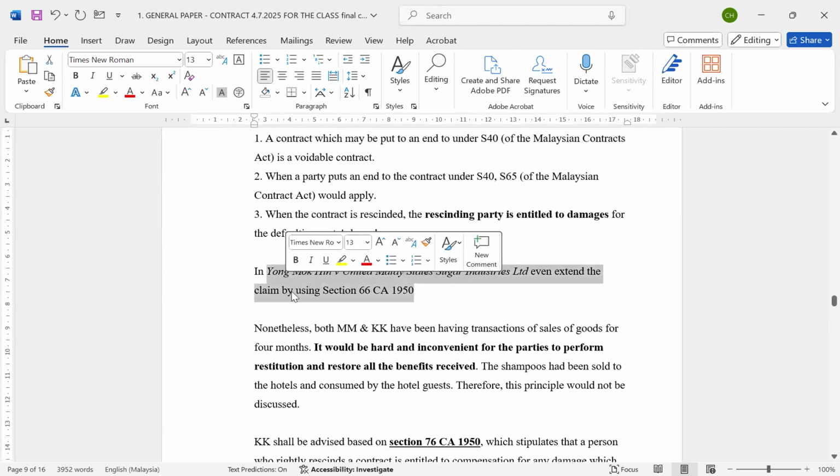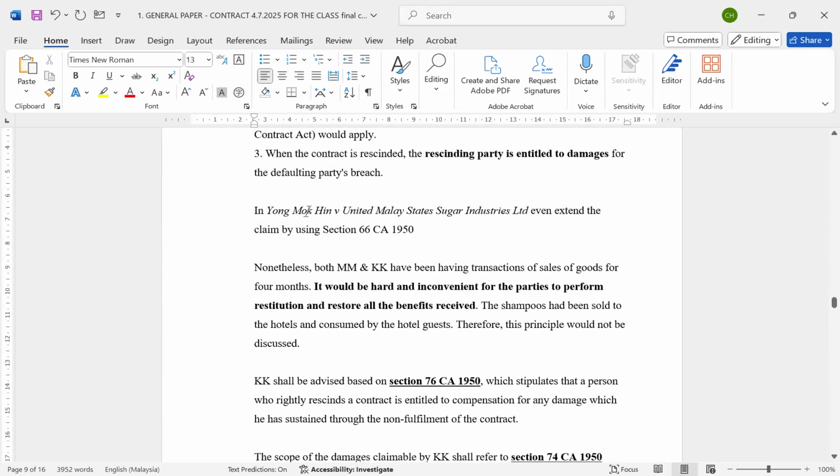That's why confused. Okay. In Malaysia, Yong Mok Heng had discussed if anyone received advantage under the void agreement, or the contract becomes void, the other party must restore.